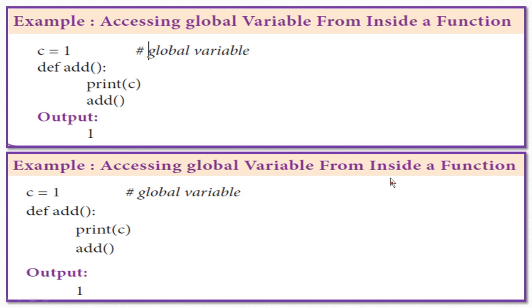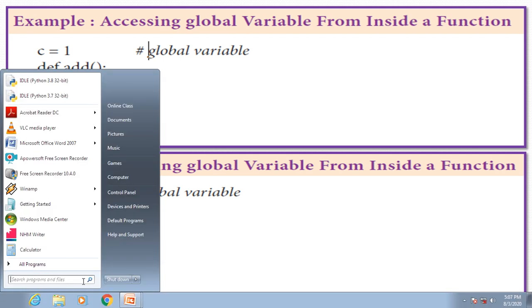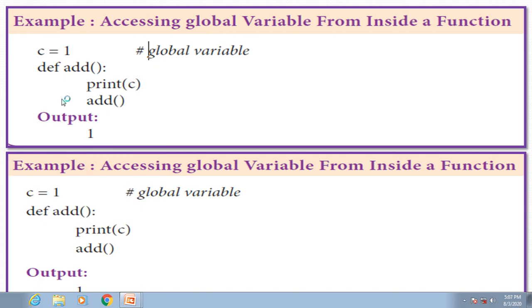Accessing a global variable from inside a function. Here we print c inside the function, so the value of c equal to 1. We are going to see this by using the IDLE window.